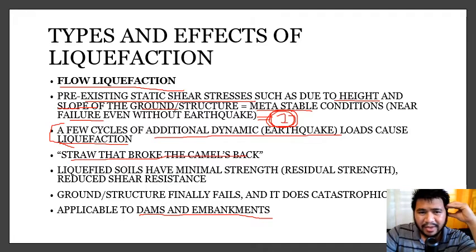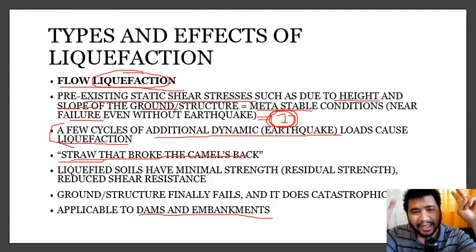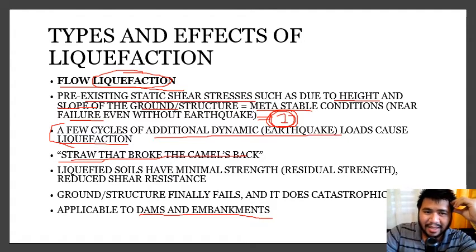So the liquefaction here is not the main culprit. It's just the straw that broke the camel's back. So it's basically just the catalyst for your failure. Sorry for my poor handwriting. So it's your catalyst.